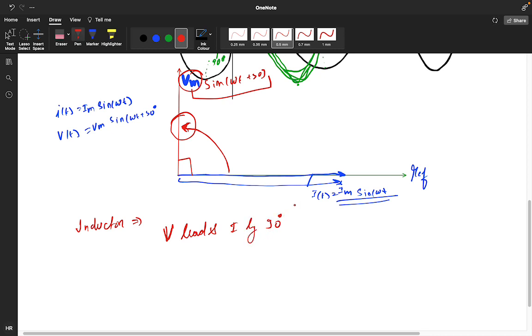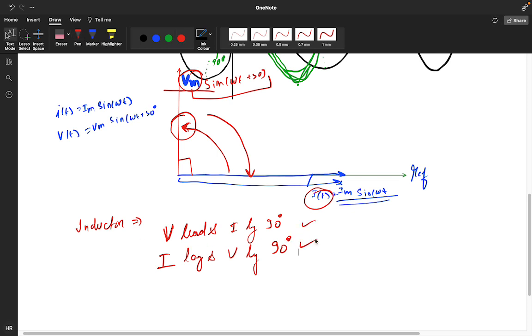In an opposite way we can say I of t is behind V. I lags V by 90 degrees.